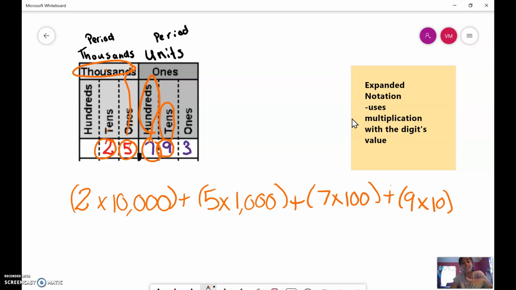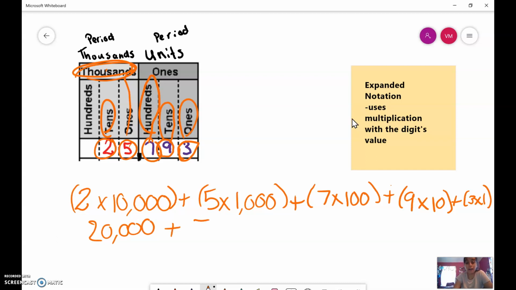Now that you get multiplication, it makes more sense than all the way back in September. 9 times 10 is 90. Then I have 3 of the ones, and that's what people don't want to put, but you have to put 3 times 1. And if you look at it, this is the value of 20,000. That's the value of two 10,000s, especially that 10,000s that we love and hate.